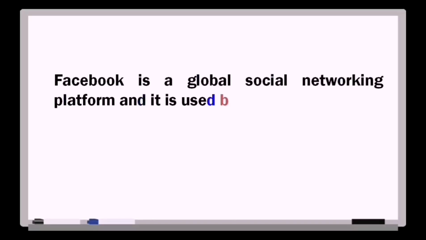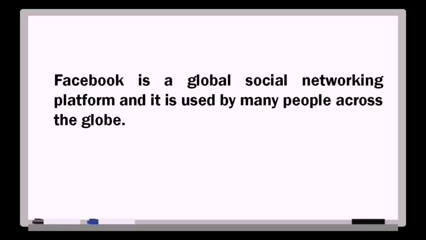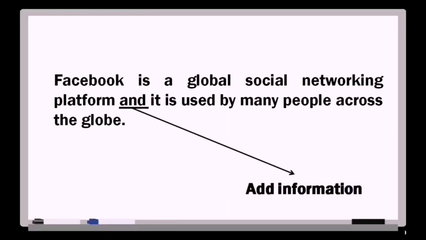Facebook is a global social networking platform, and it is used by many people across the globe. In our sentence, "and" is used to add something to the previous statement, resulting to a clear understanding that a second sentence gives supplementary information. Let's have another sentence.